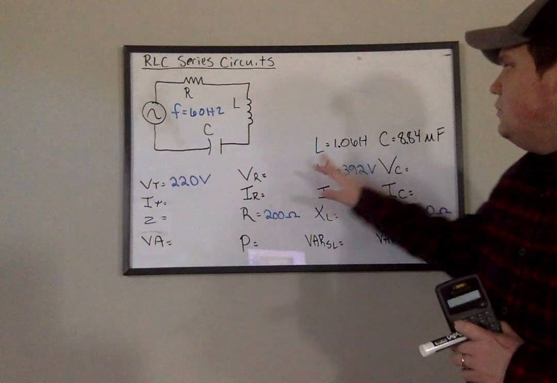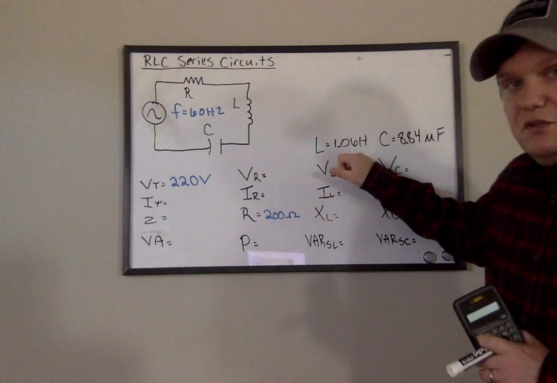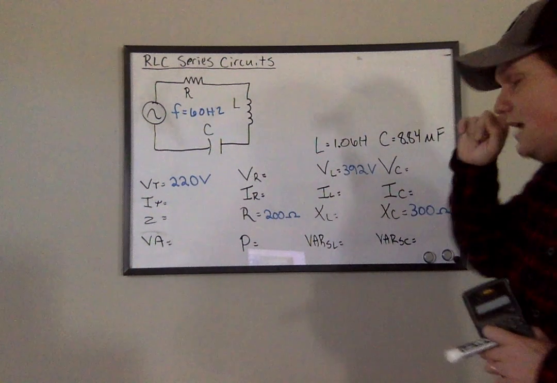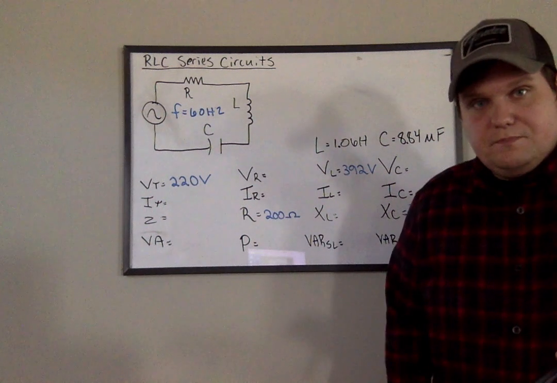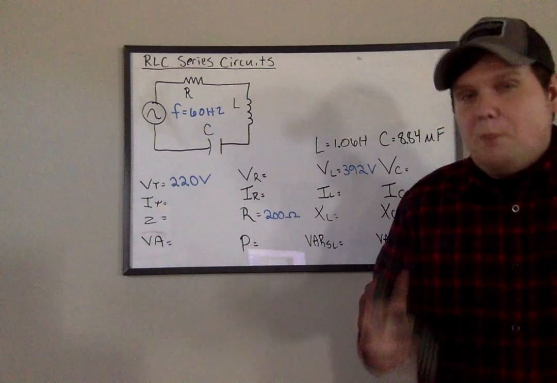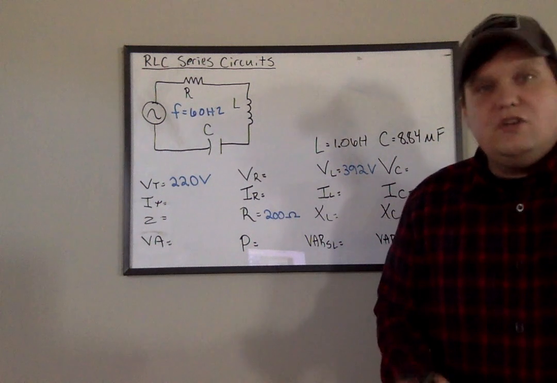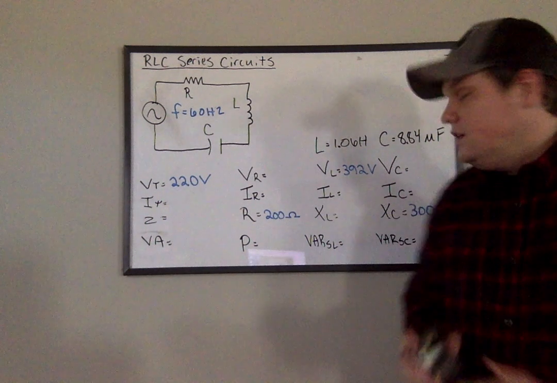You know an inductor value, you know a capacitor value, so solve for XL and XC. That's really the big point where we're going to get started in this circuit.